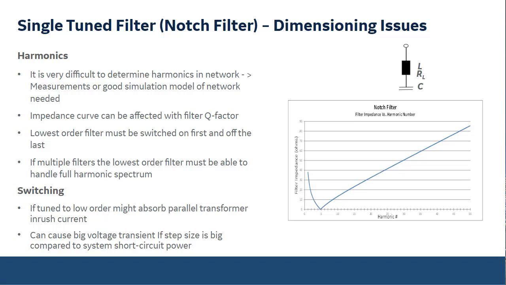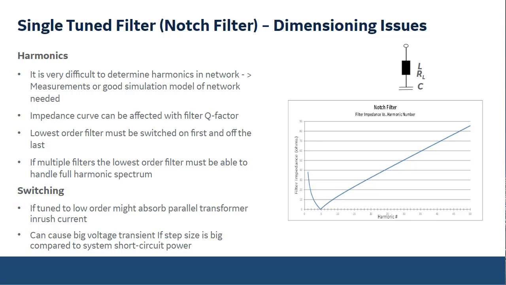Okay, lowest order filter. If you have many filters, the lowest order filter must be switched on first and off last. Because if you have lower order harmonics in there, and then you have only higher order filter on, you are in danger of having resonances.